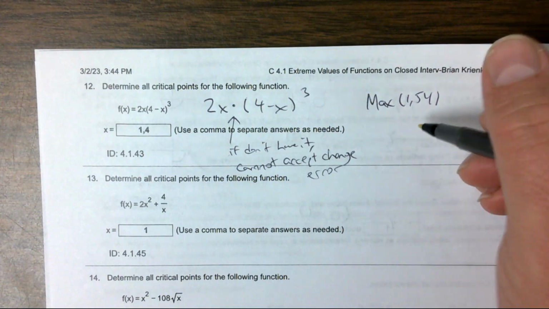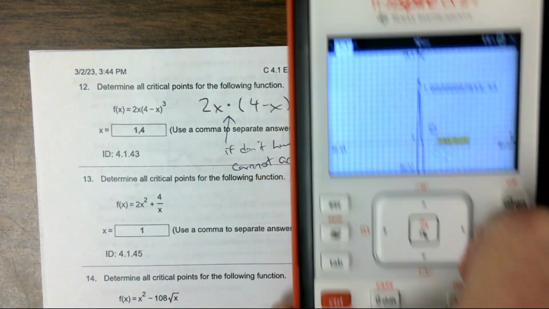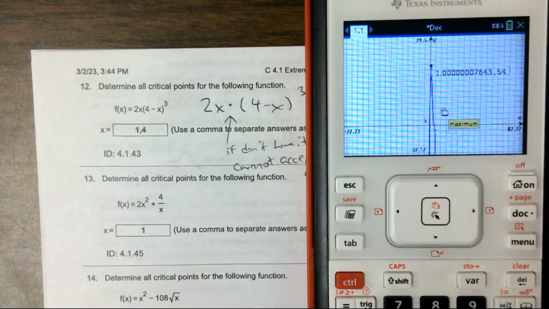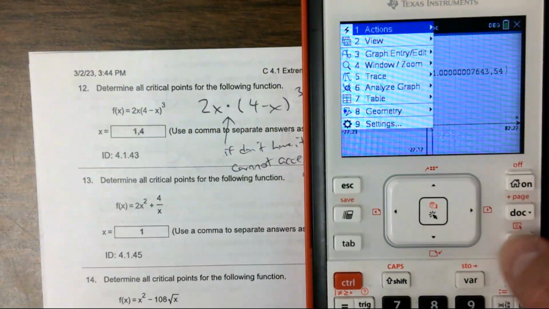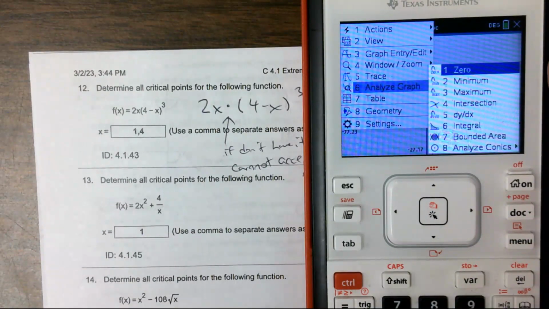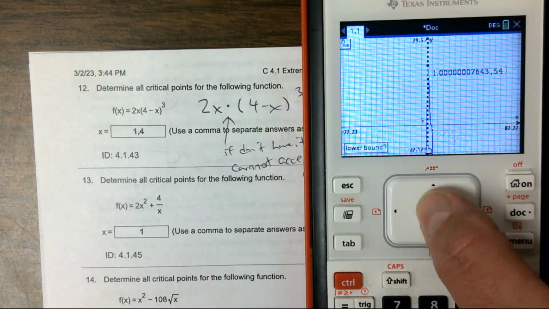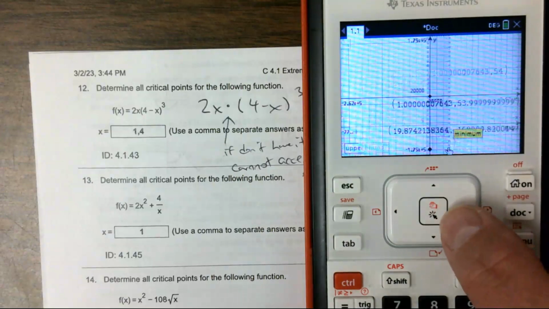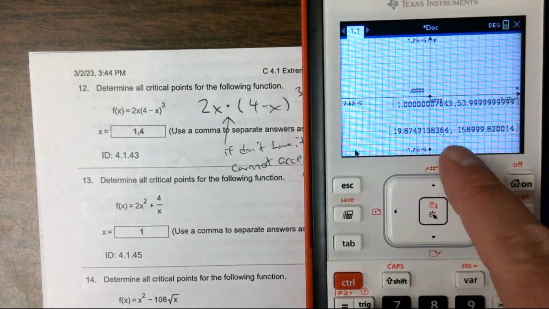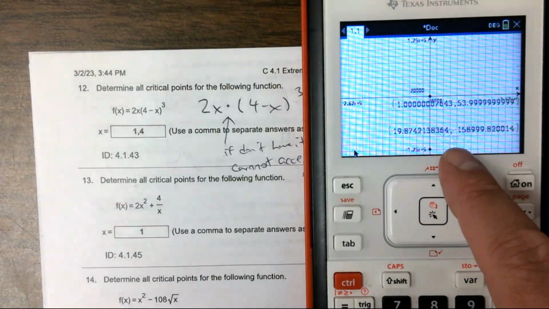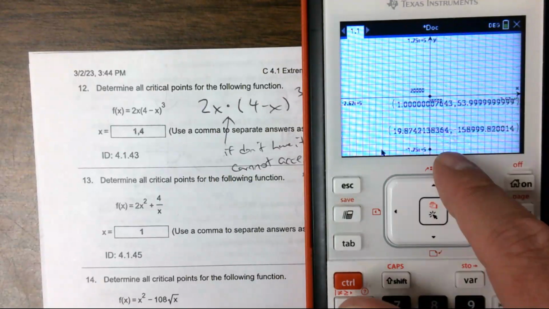And then what happens down here? Okay, my minimum didn't work right because I was zoomed out weird.